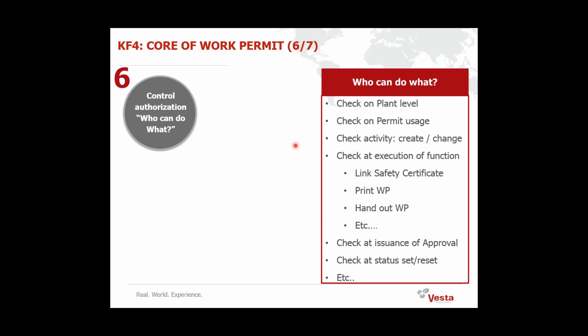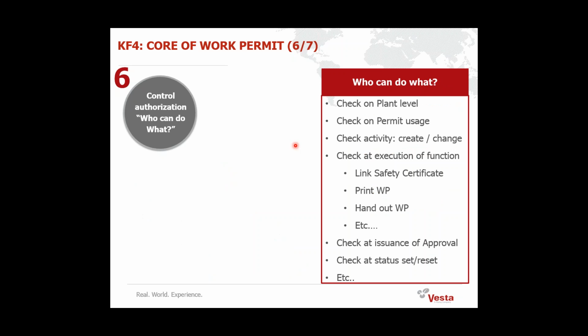Control the authorization, so who can do what. There are all kinds of checks that SAP put into place. You can do a check on the plant level, you can do a check on the specific permit usage, you can check the activity, so you can only create a work permit, or you're only allowed to change it, or only allowed to display it.